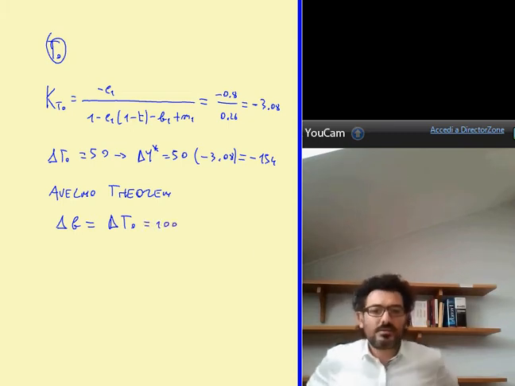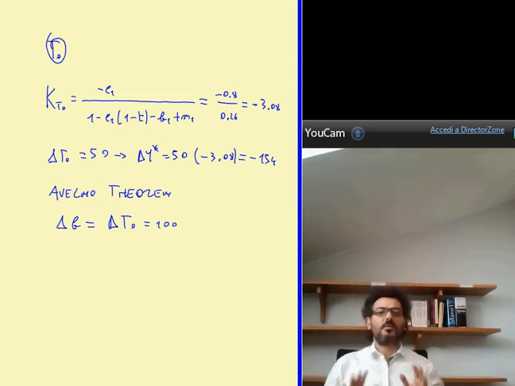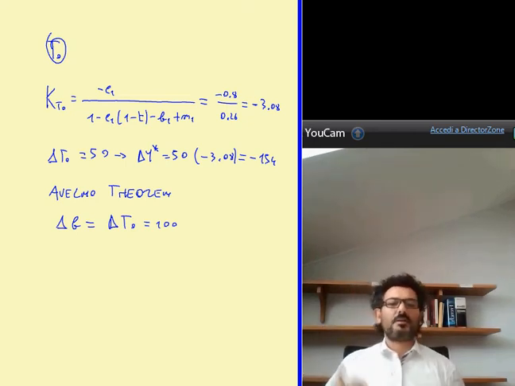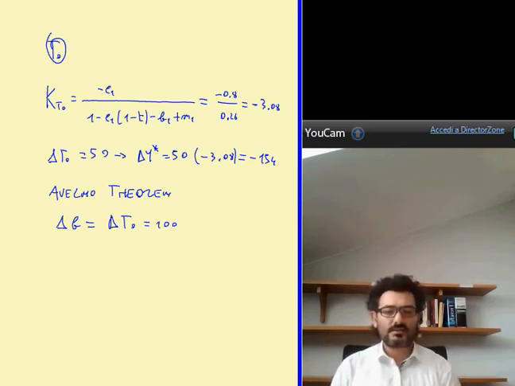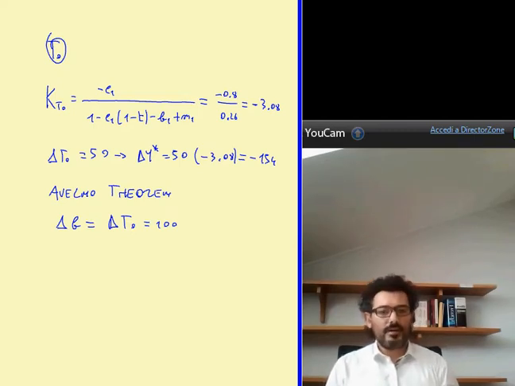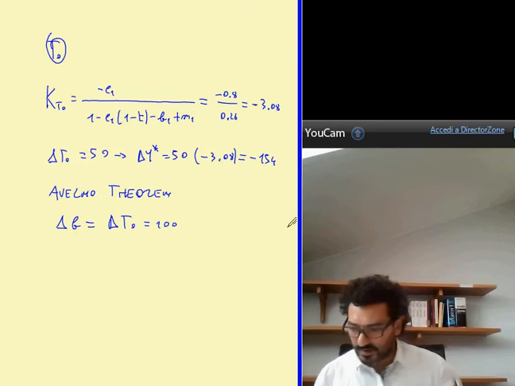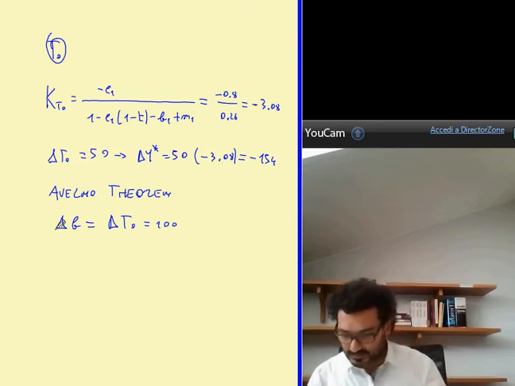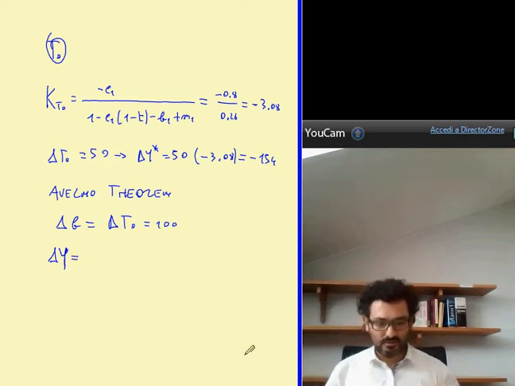In this case, what is the effect of this combined fiscal policy? So an increase in government expenditure, but also an increase in taxes of the same amount, on the real GDP equilibrium. So what we have to consider is the effect on income, and this is the combined effect of the two policies.